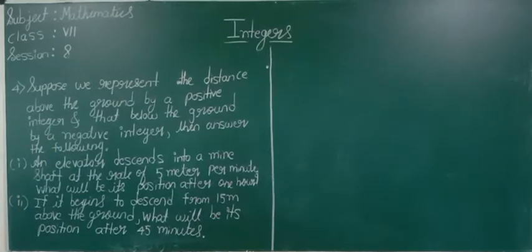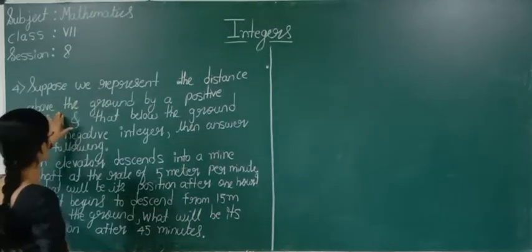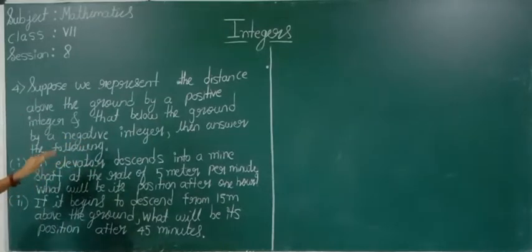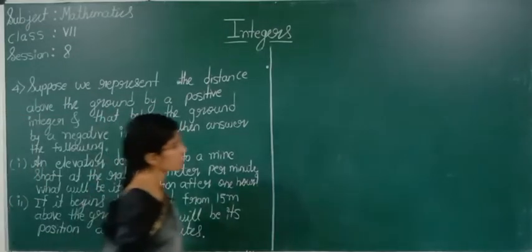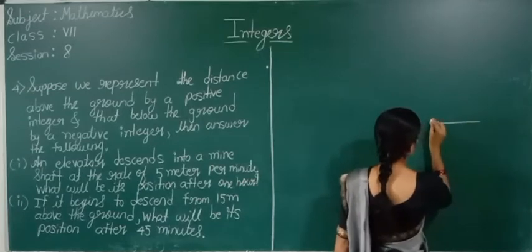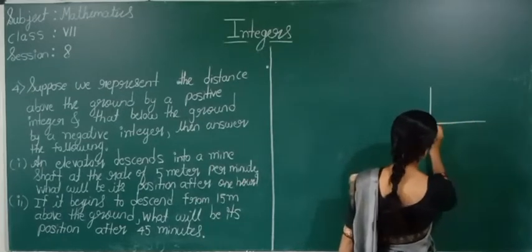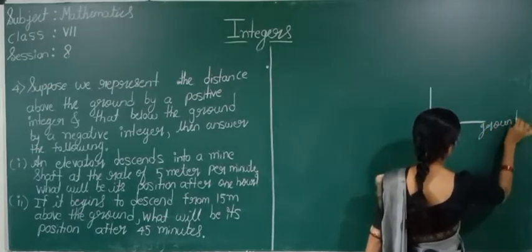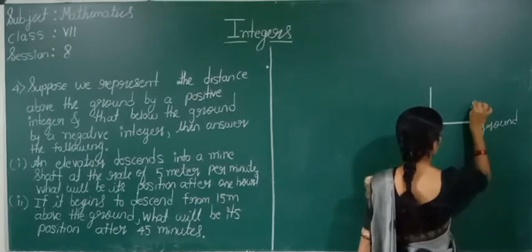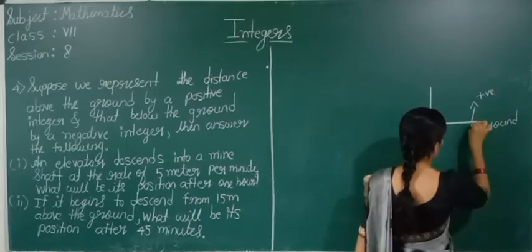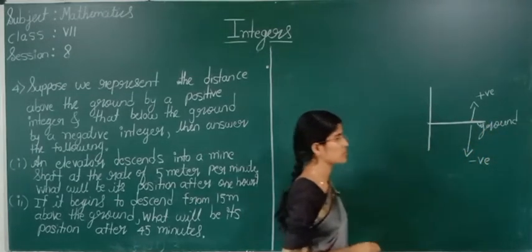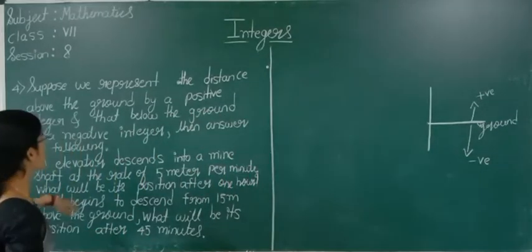The fourth question tells us to suppose we represent the distance above the ground by a positive integer and the distance below the ground by a negative integer. Think of this as the ground. Then answer the following.